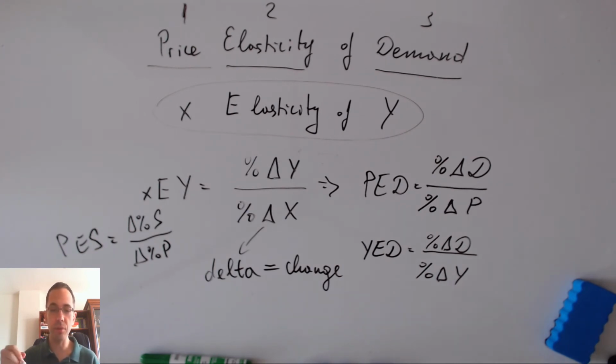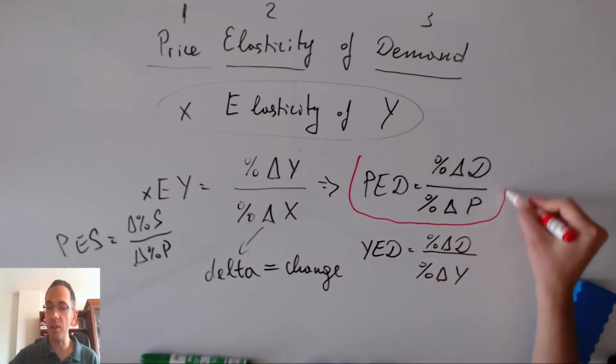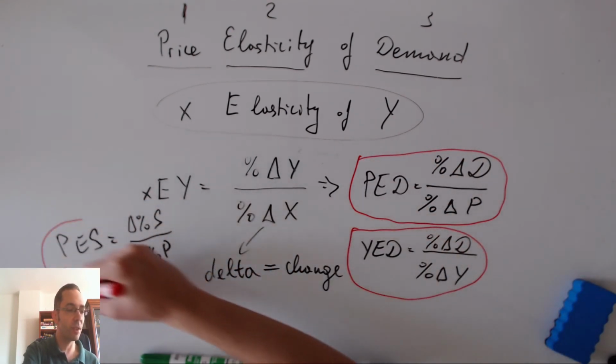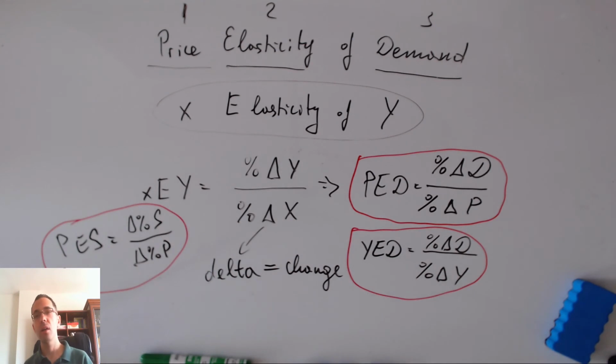looking at these three examples, by knowing the general formula, we immediately were able to derive the formula for the other types of elasticities. Not only that, but by understanding the meaning of elasticity and how it's being used, we can now define each of these three without even having studied them properly.